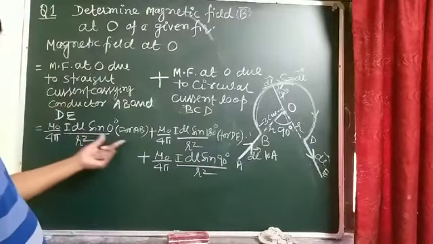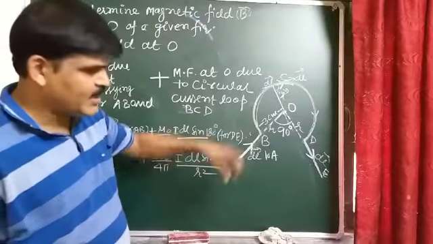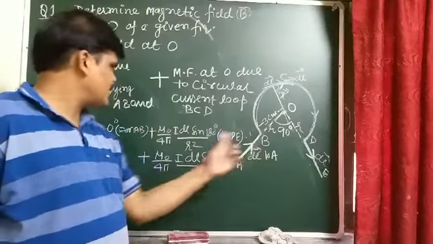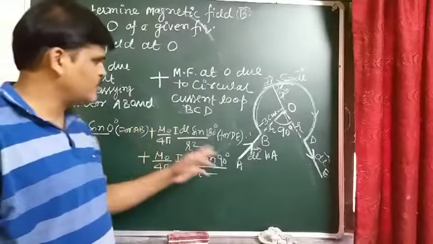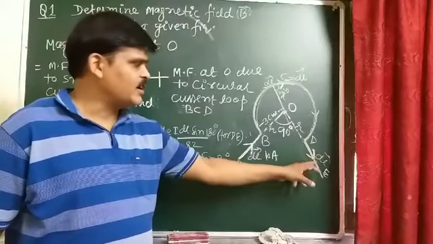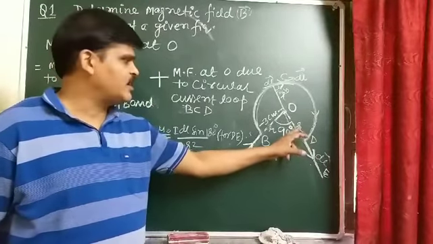And student, there will be no contribution of magnetic field at O due to the straight current carrying conductor AB, since the angle is 0, sin 0 is 0, and for DE also the angle between the current element and the radial vector is 180, so sin 180 is 0.